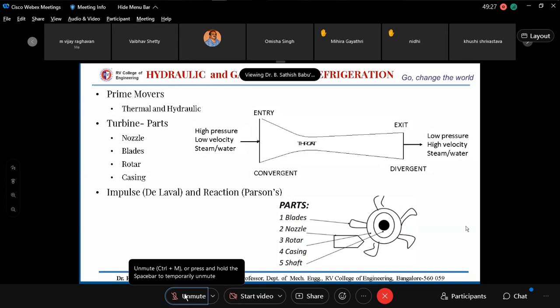In general English meaning. Okay, so what is a prime mover? So whom you can say as prime mover? The main worker sort of thing. The main worker, the main manager. Okay. Has any other answers?